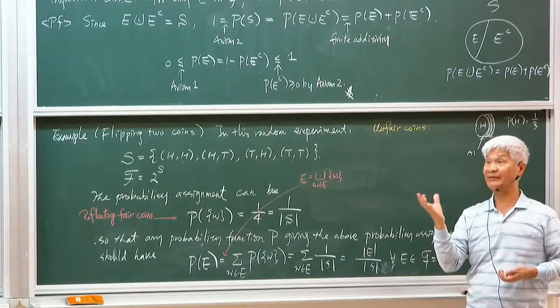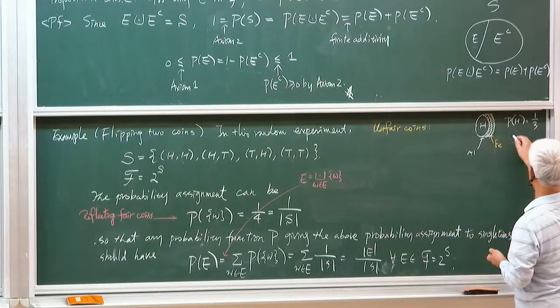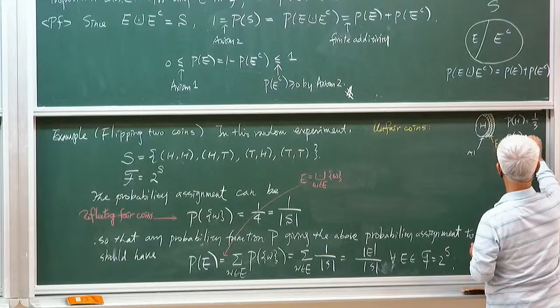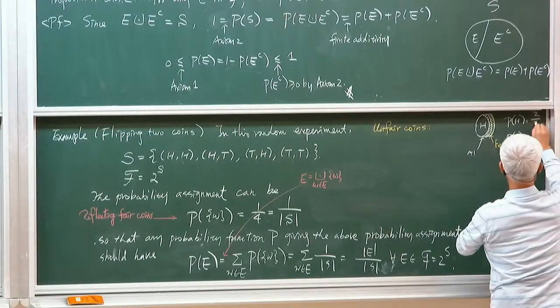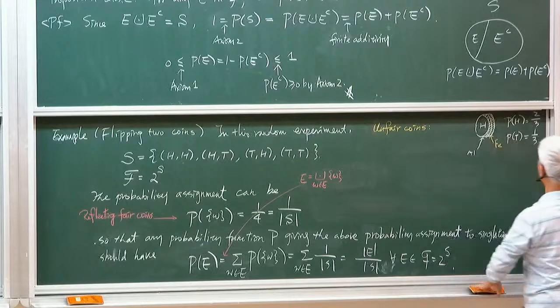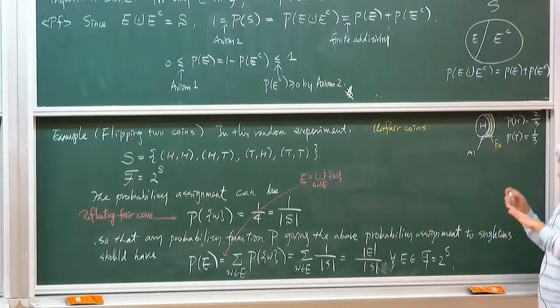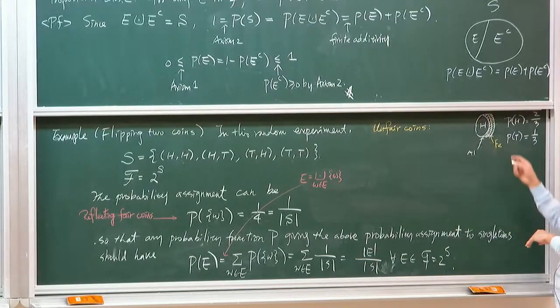Because the iron is heavier. And so the tail, I'm sorry, the tail with the iron has a smaller probability.